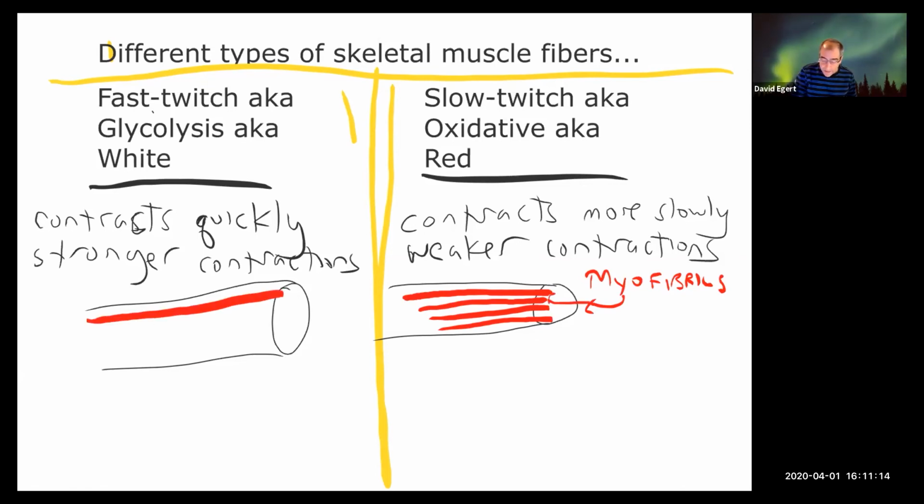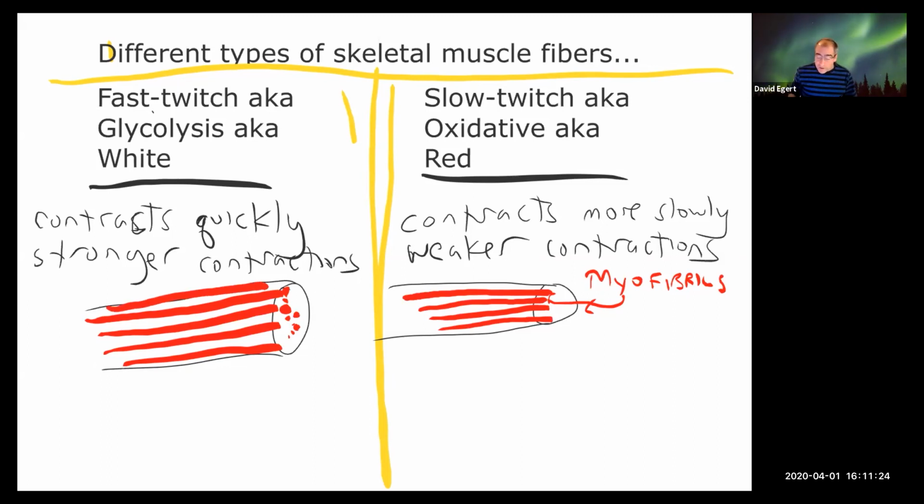If you look at a fast twitch, it's got a larger diameter and way more myofibrils all pulling in parallel, so it's going to generate an overall bigger force.